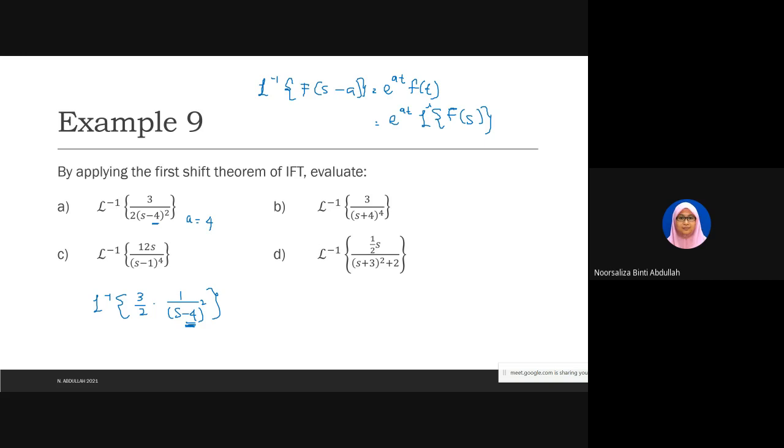So it's actually equals to 3 over 2 times exponent 4t, then you have to find the inverse of 1 over s square. This one you tinggal s saja because a you keluarkan, then you get the exponent here from here.